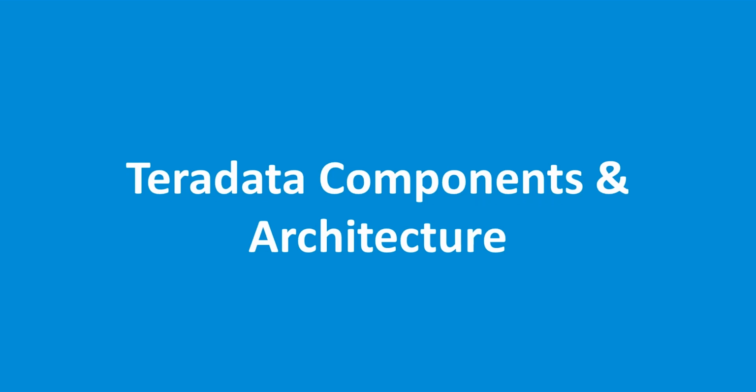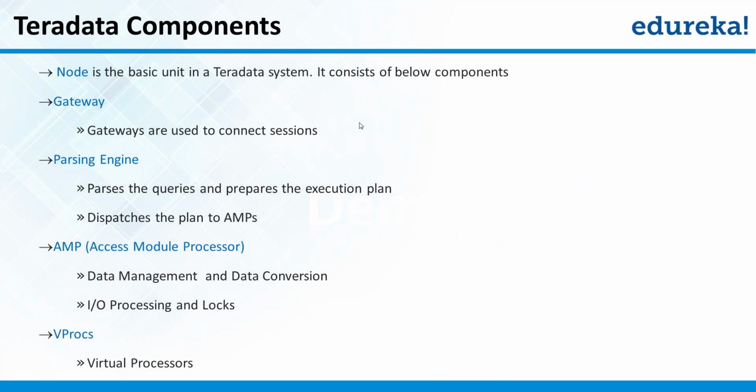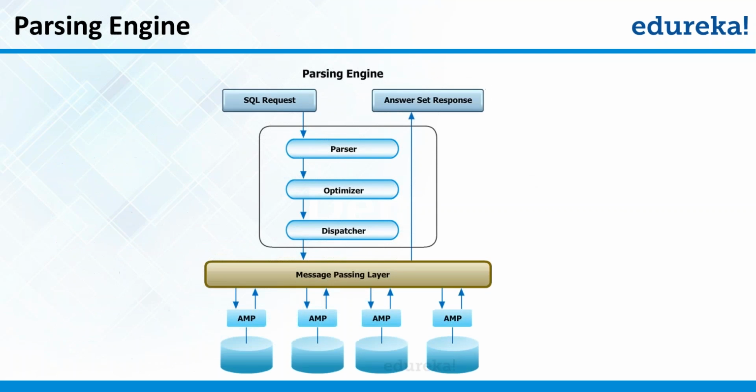You have TPump, which is to stream data. And you also have something called FastExport, FEXP. So there are a lot of utilities. We'll be using all of them, and we will also see when to use which one. All right.